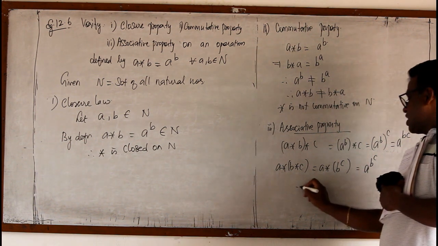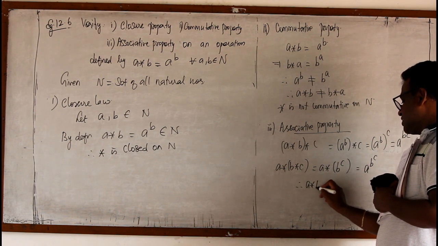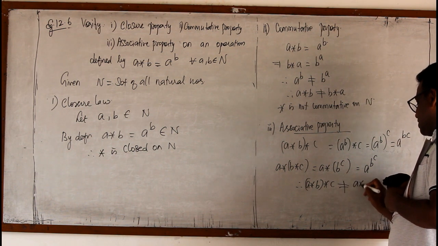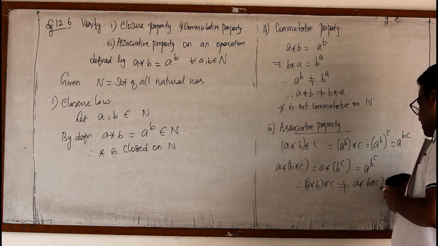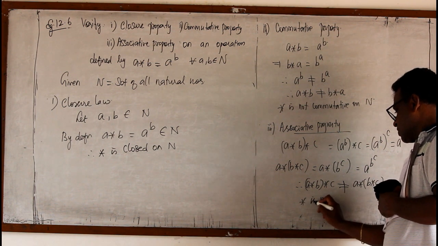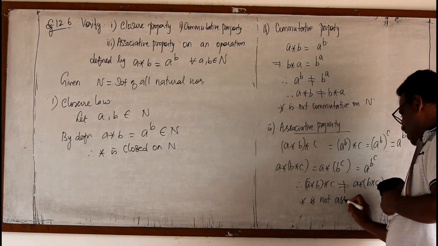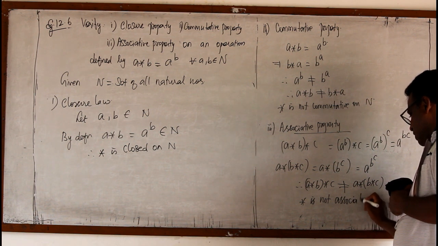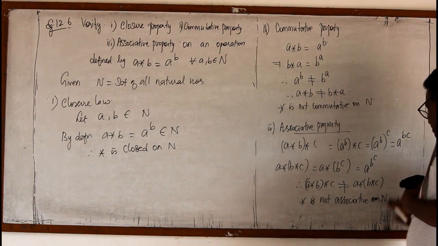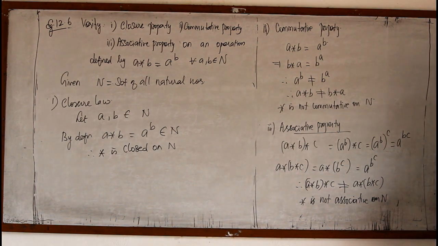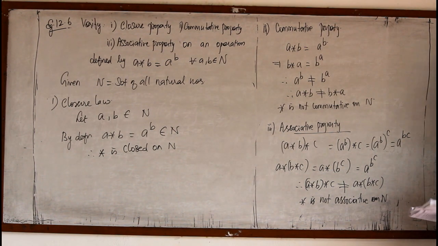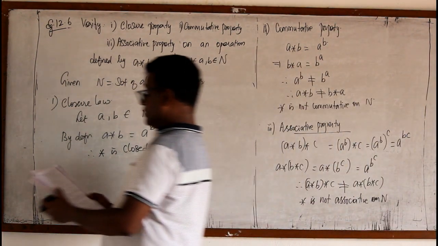Therefore, these two are not equal. Therefore, star is not associative on N. From this, it is obeying only the closure law. There is no commutative property and no associative property.